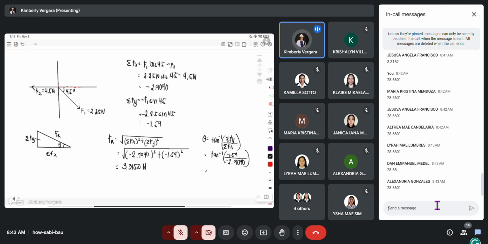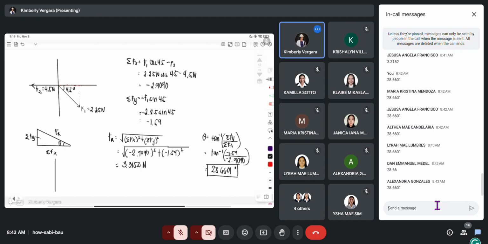Okay, so our answer is 28.6601 degrees. So, paano po yan? Kung ilalagay po natin sa graph, dahil po parehas negative yung ating x and yung ating y, so dito po siya maglalay.